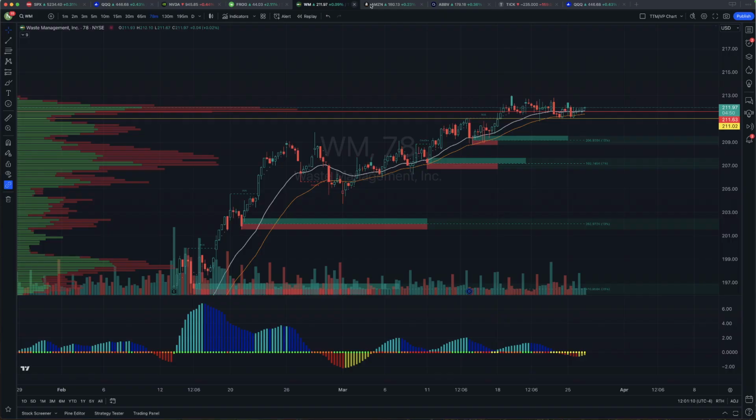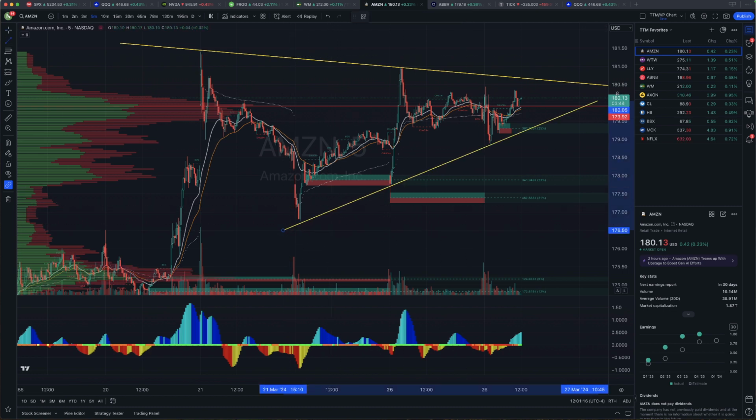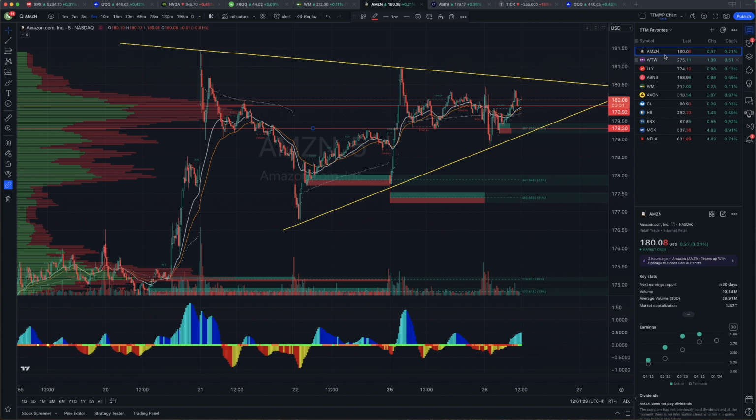All right, so let's keep looking at a couple of these. Amazon's interesting, although I feel like I'd have to be pretty tight with my risk reward if I was going to take something off of here, because I would be risking probably down into here on a trade like that.